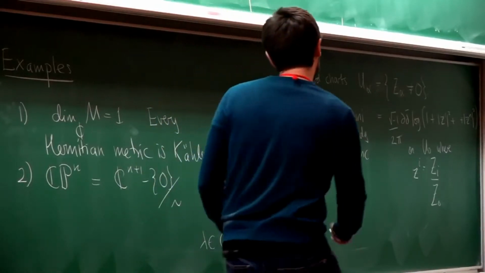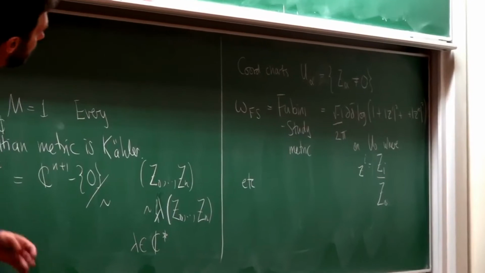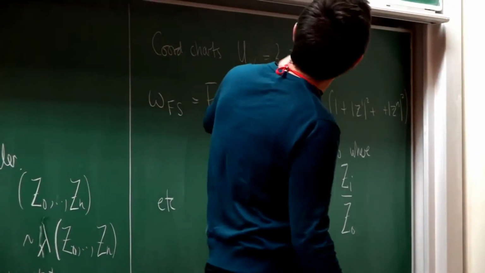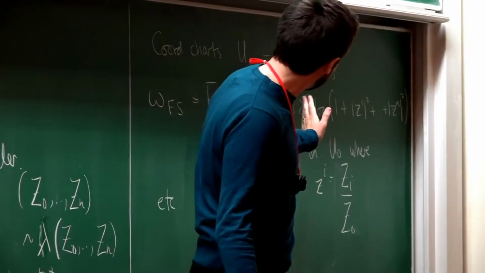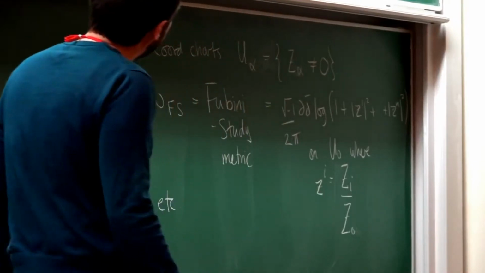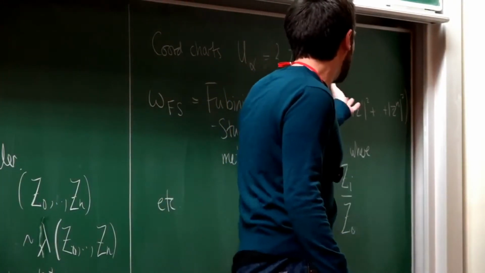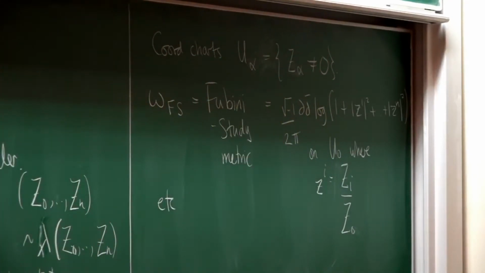And similarly on U_1, etc. You can define it similarly on the other coordinate charts. And you can clearly see that this is closed because in fact it's ∂∂̄ exact. So certainly it's closed, and it takes a little bit more work to check that it's positive definite.